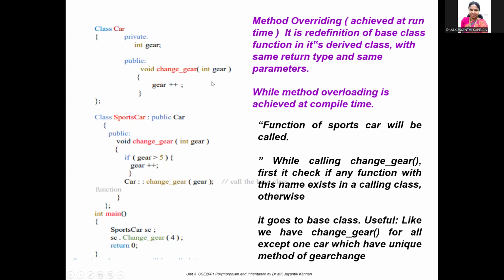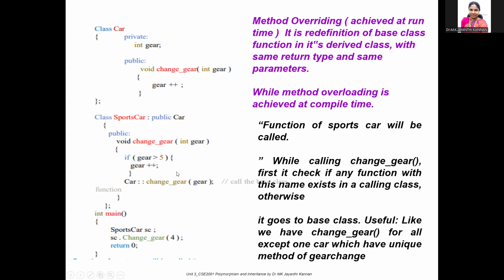Any doubt in this program? We have base class car, derived class called sports car. In both the classes, we have change gear. In the base class car, just the gear is implemented. Initially gear is 0, then it is incremented to 1. And in case of sports car, it can have more than 5 gears. And in the main program, we are creating and initializing an object and we are calling the function.